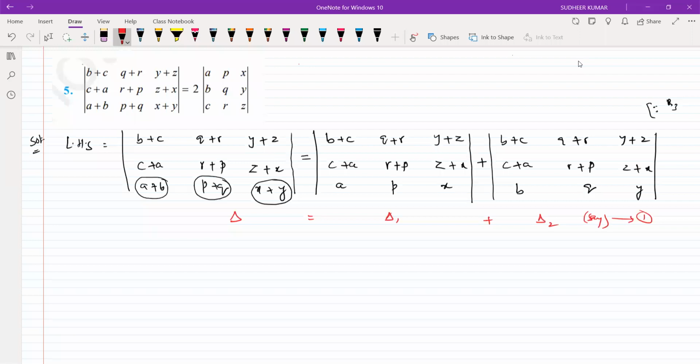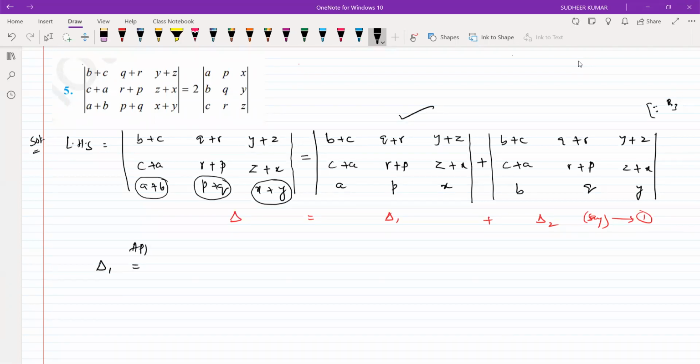Now let us simplify these two separately. So if you consider this delta 1, first determinant, we are going to simplify this.